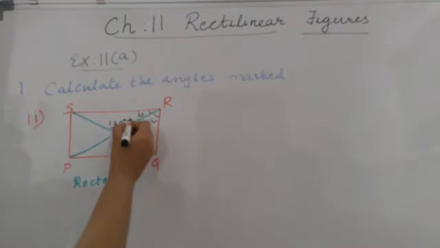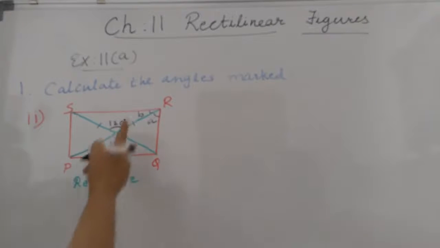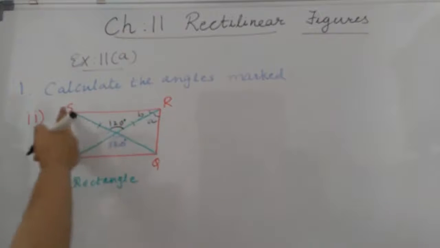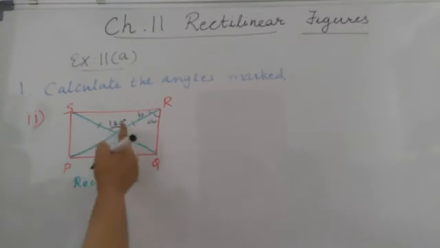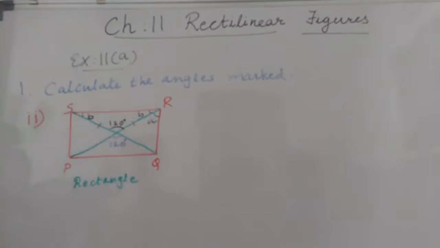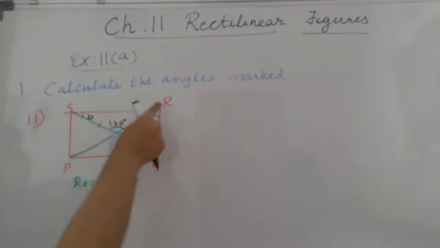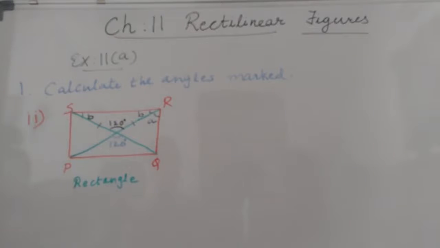So we can say these parts, which are the halves of the diagonals, are also equal here. So if this is B, this is an isosceles triangle, with two sides equal. So opposite to this, it will also be marked as B. So in this triangle, using the angle sum property, the value of B can be found.